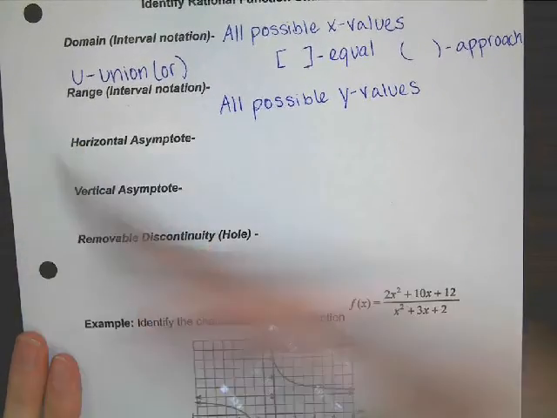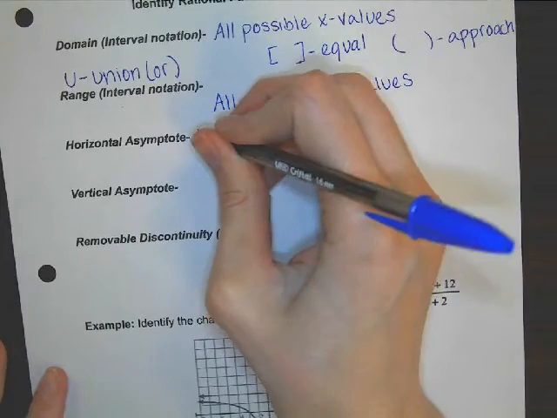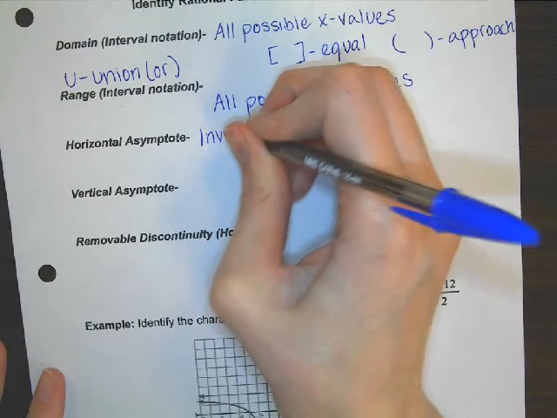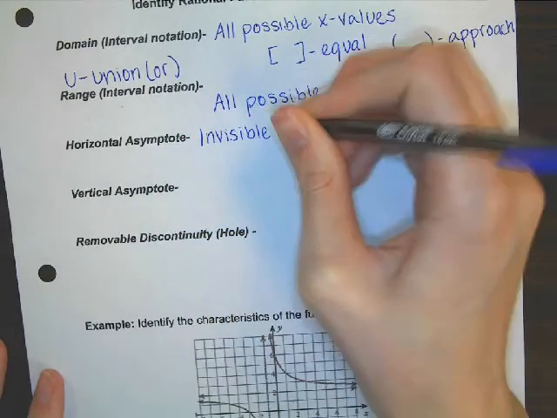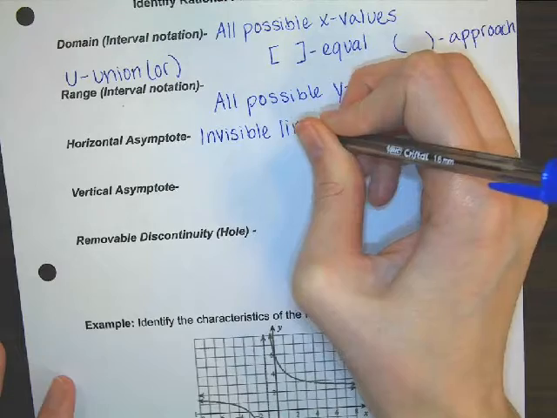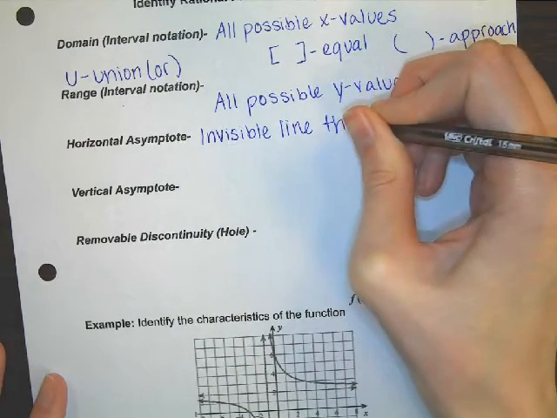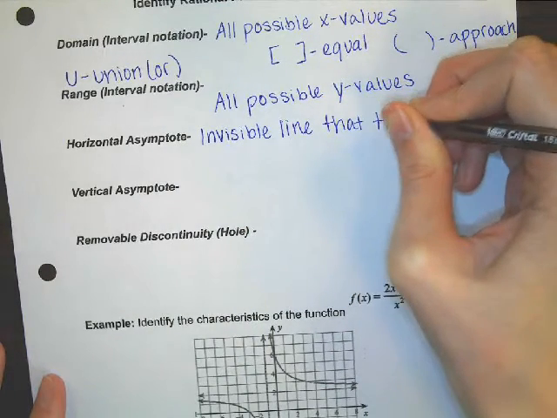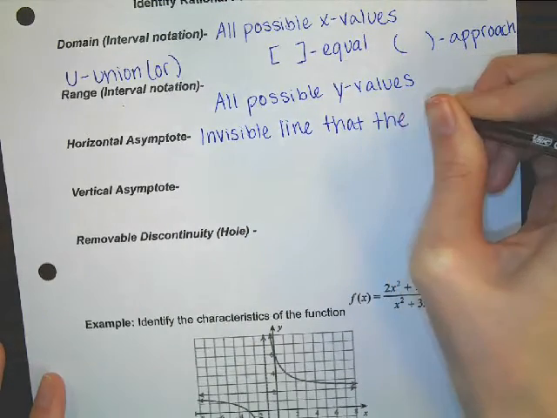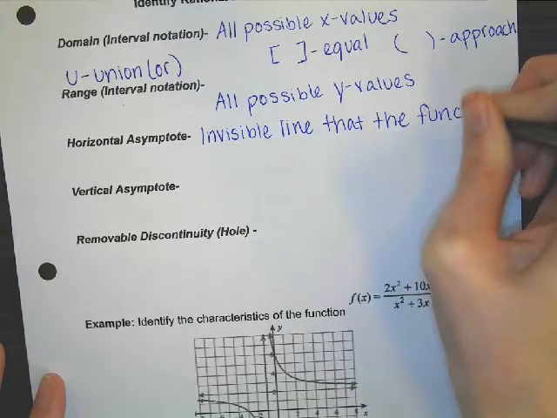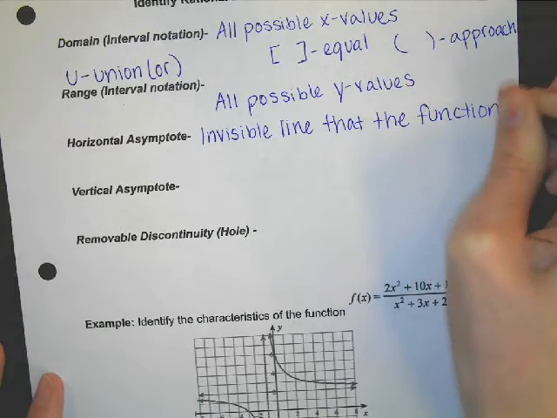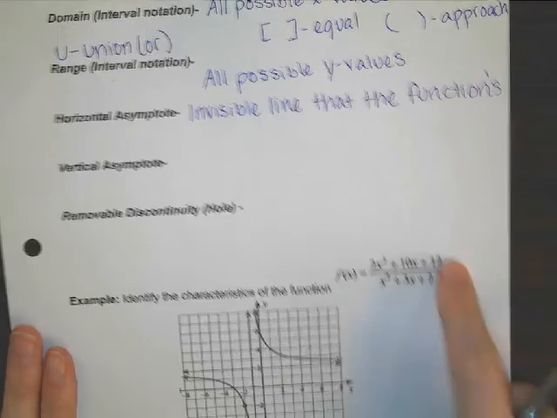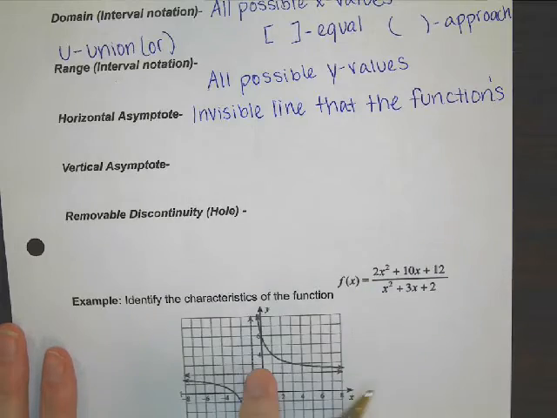It's horizontal. But it's an invisible line, not point, line, that the function's behaviors approach. So for instance, this is the function right here, and this is its graph.